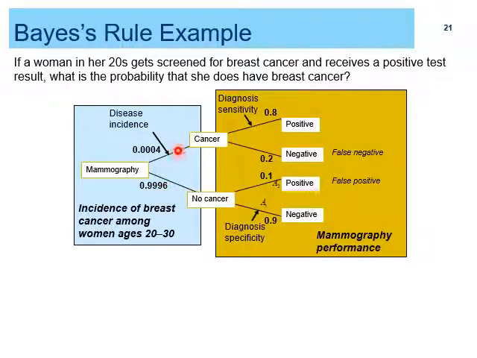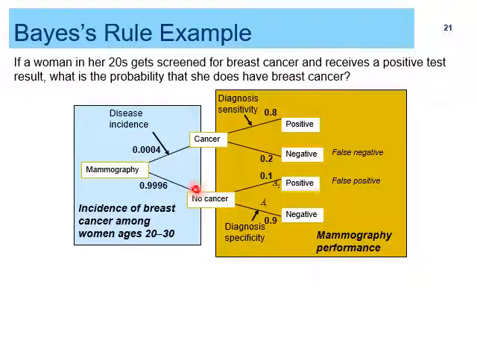It would be 1 minus 0.0004, so it would be 0.9996. Now it's saying that if there is cancer and it is positive, its diagnosis sensitivity is 0.8, whereas 0.2 probability is of negative, that is a false negative.